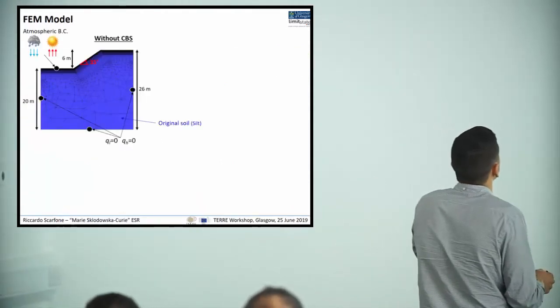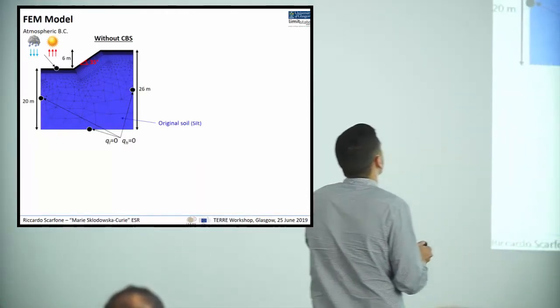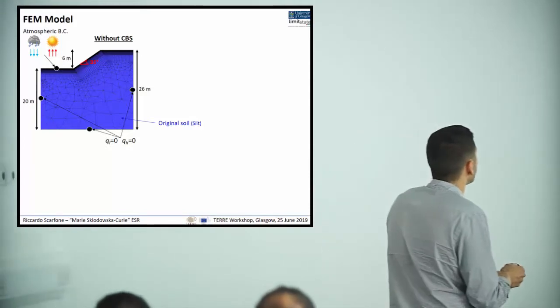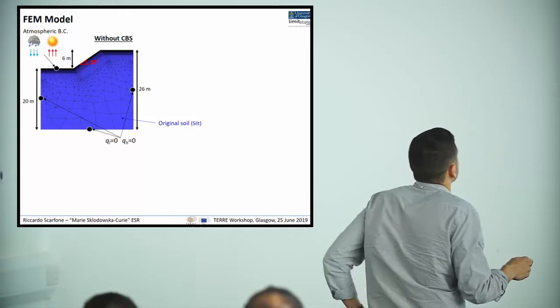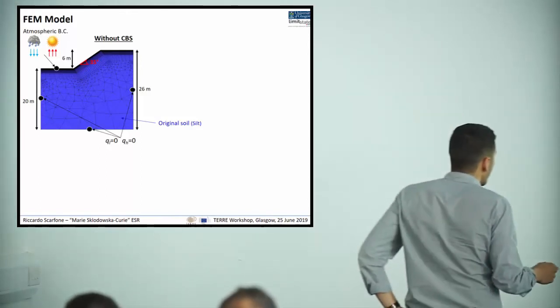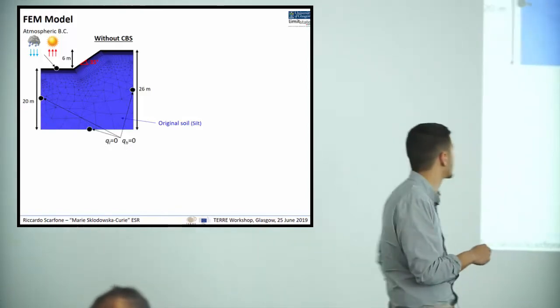In particular, we started with the finite element model without the capillary barrier system. We studied a slope 6 meters high with a slope angle of 35 degrees. The underlying soil is representative of a silt.